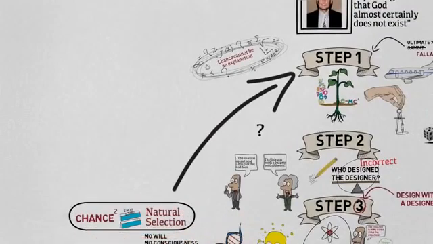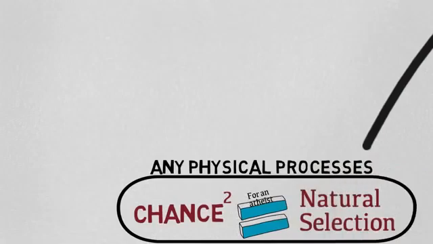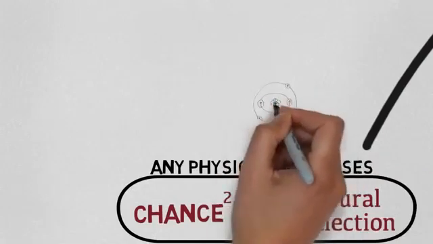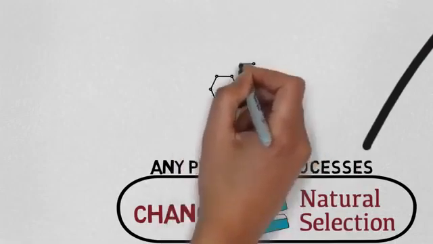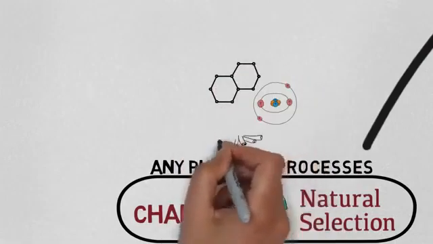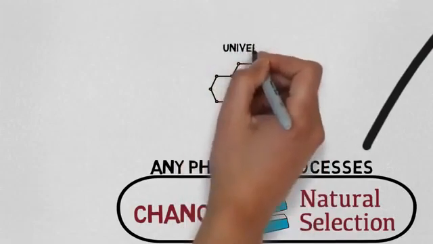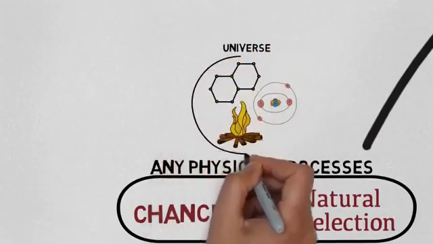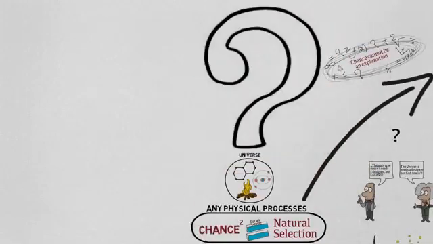Unfortunately for Dawkins, what applies for natural selection applies for anything else in step 3. Any physical processes that seem to turn disorder into order are themselves highly unlikely and demand an explanation. Natural laws cannot explain the order in the universe because they are a part of the universe's order, and a question mark cannot answer itself.